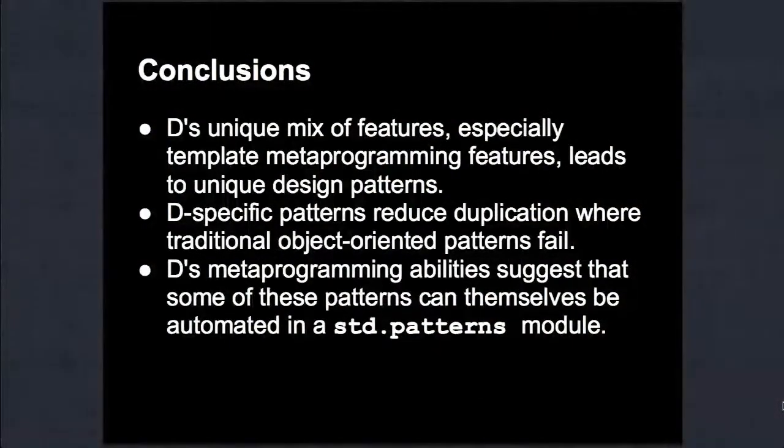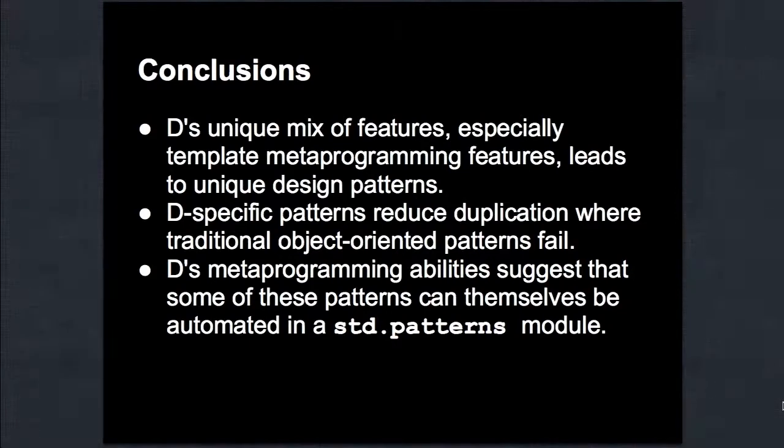Okay, so conclusions. D's unique mix of features, especially template metaprogramming features, leads to some design patterns that aren't common in other languages. They either aren't implementable at all, aren't implementable as easily, or aren't implementable as well. A lot of these reduce code duplication in places where traditional object-oriented patterns fail and leave you with a big Java-style mess.